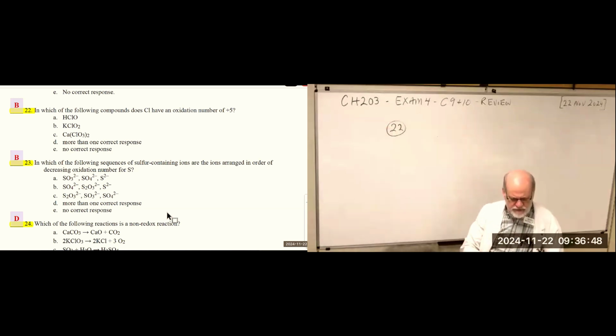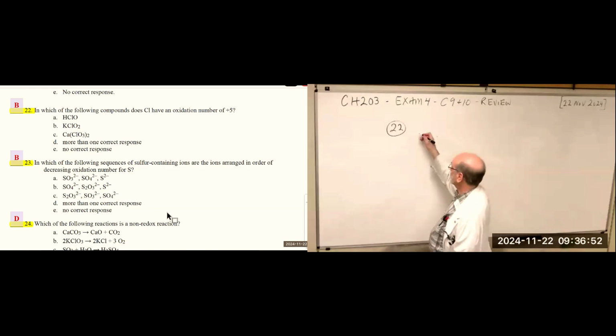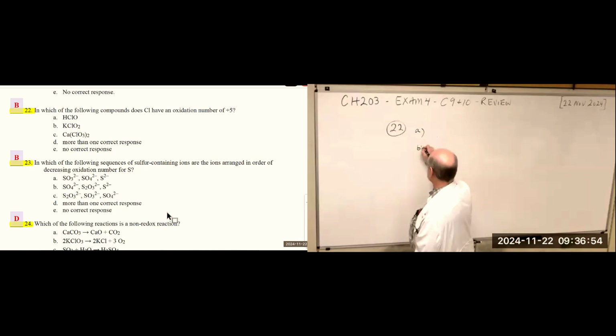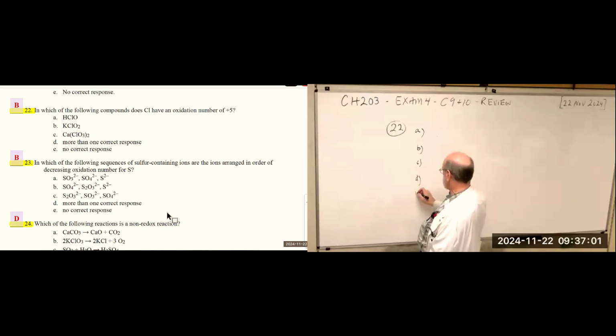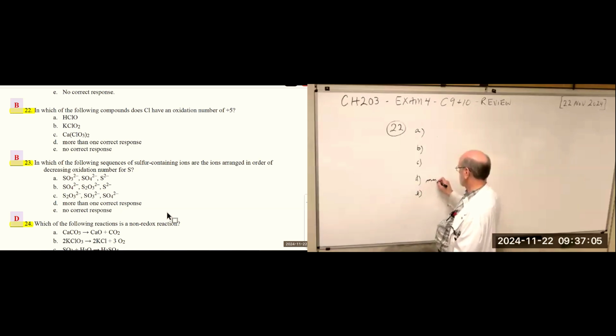Okay, 22. In which of the following compounds does chlorine have an oxidation number of +5? Okay. B, C. How many do we have? D? E. No. Yeah, E. So more than one or none?